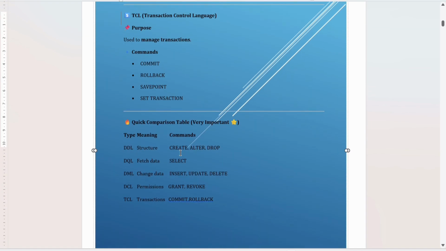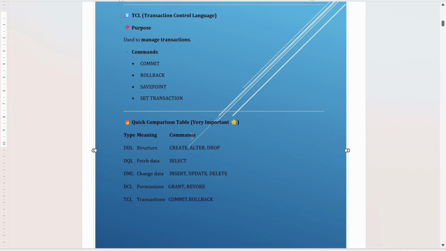Okay, if we look at a quick comparison table, we have the five commands as I said. DDL gives the structure, DQL is used for fetching the data, DML is for changing data, DCL is for permissions and access, and TCL is for transactions.